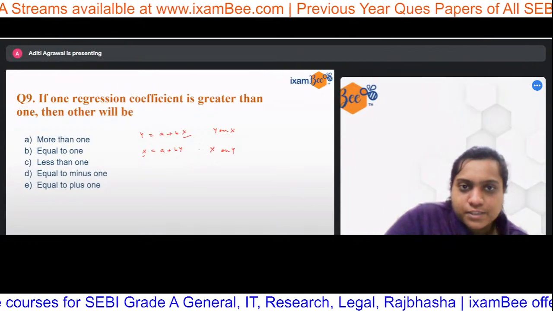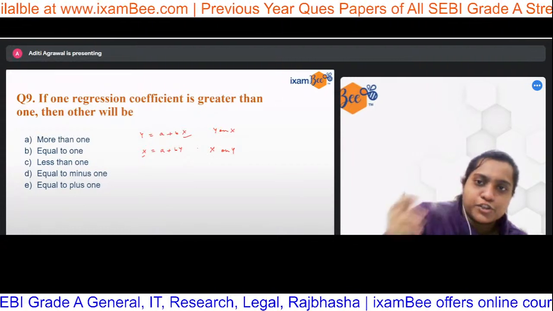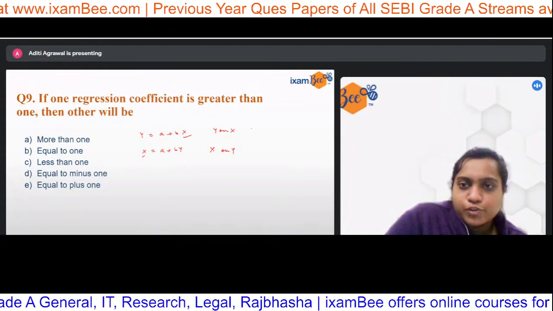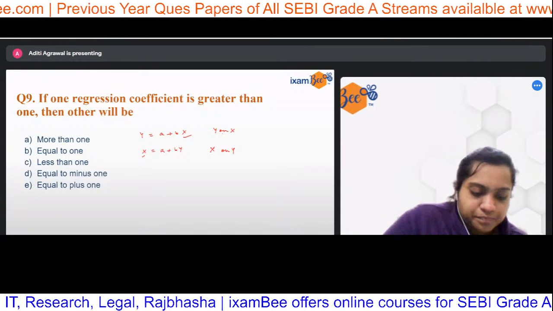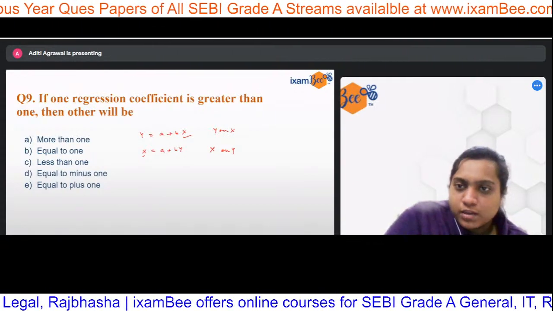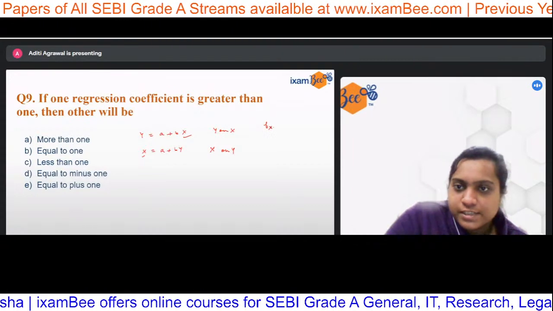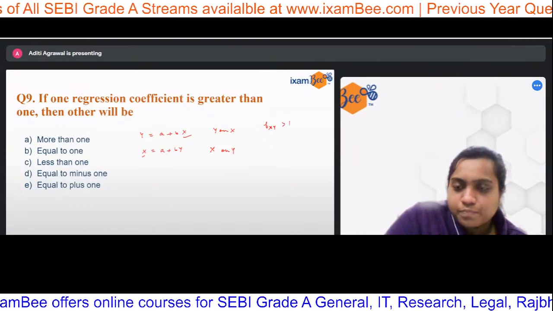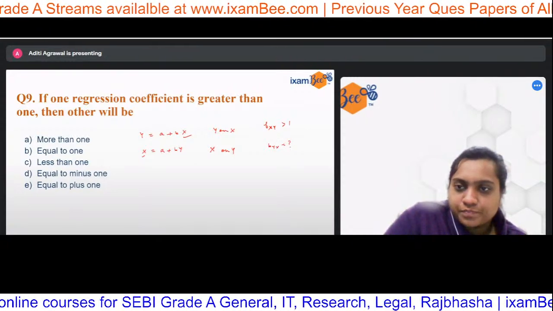This is the difference. Now, it's saying if one of the regression coefficients is greater than 1, then what's the value of the other, right? So let's say if bxy is greater than 1, then what's the value of the other, which is byx, right?